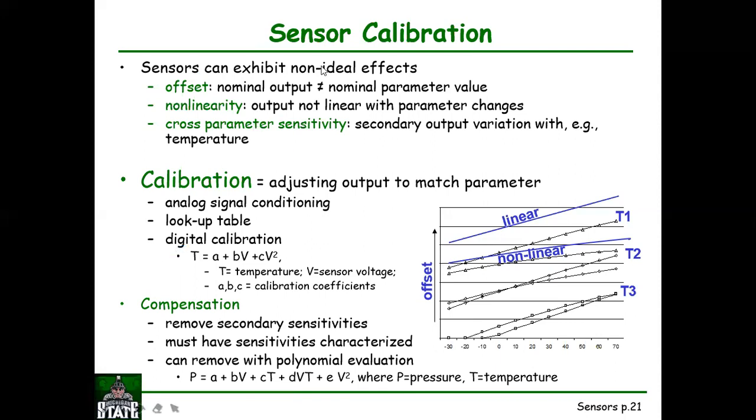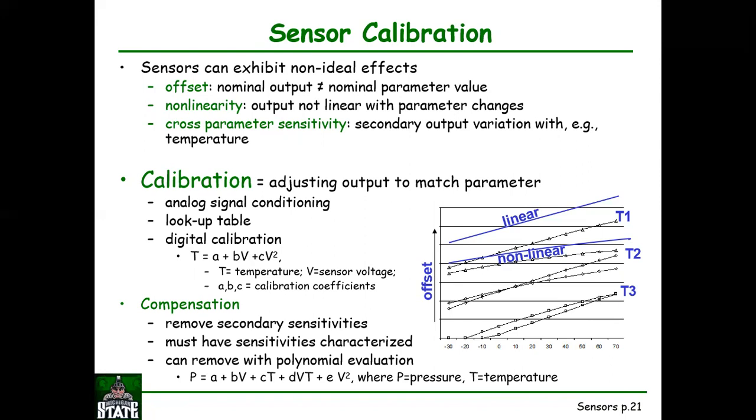So a sensor can exhibit non-idealities, right? A sensor can have some non-idealities in its nature, like offset value. Offset value is when the output is not equal to the nominal parameter value. You are not getting the desired value as output, you are getting something else. That is your offset value.